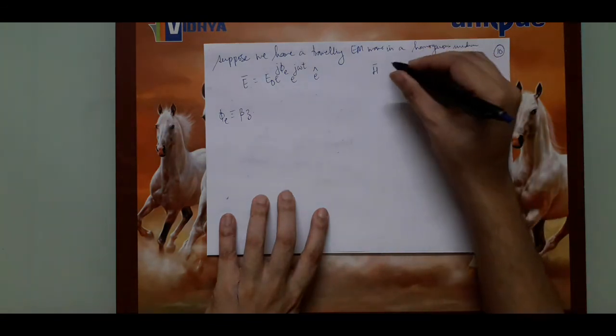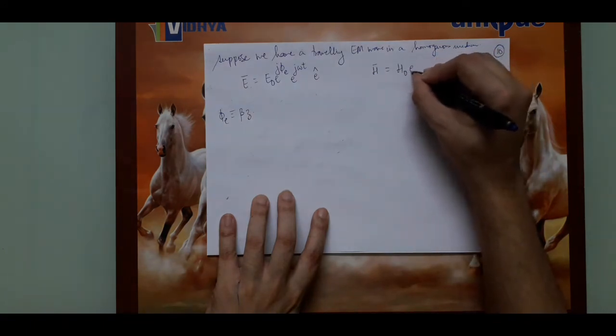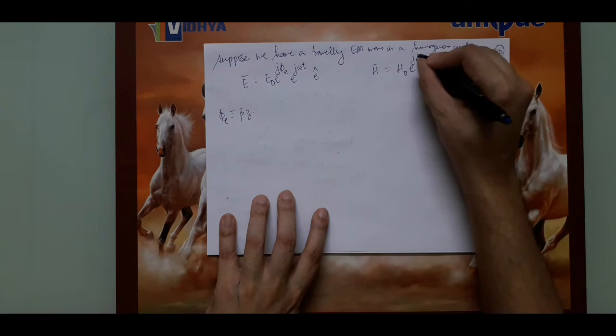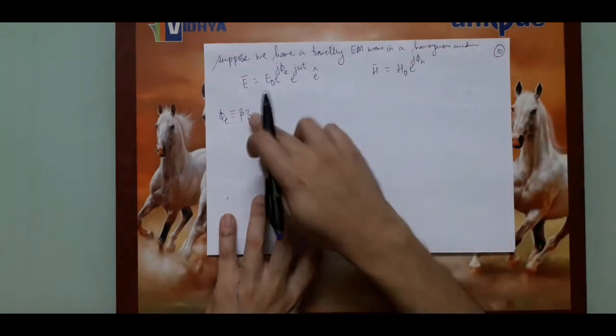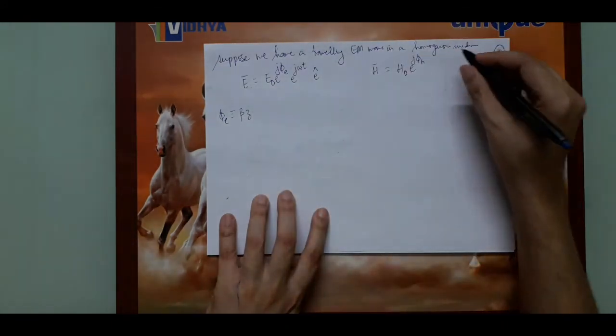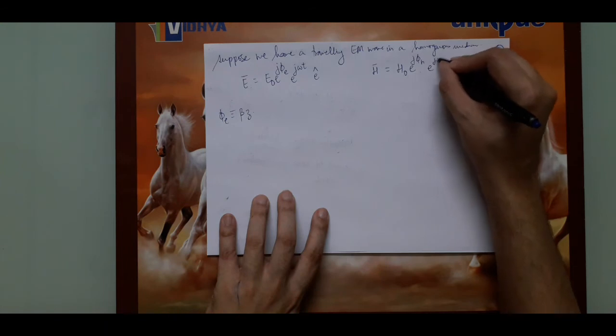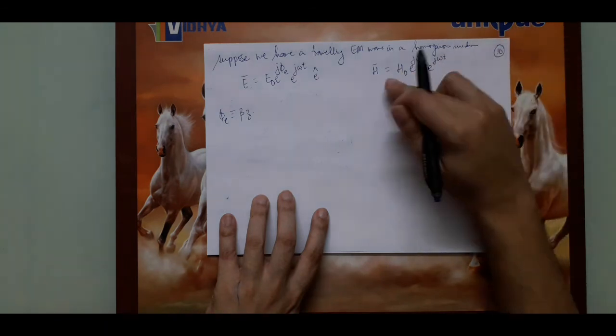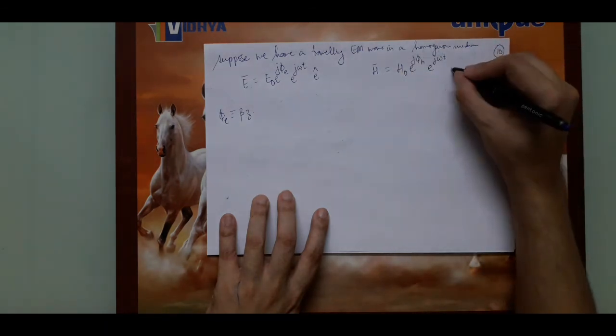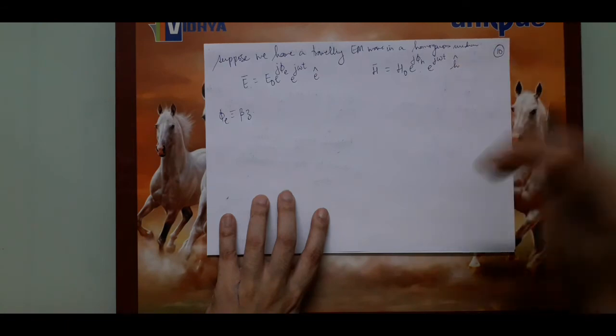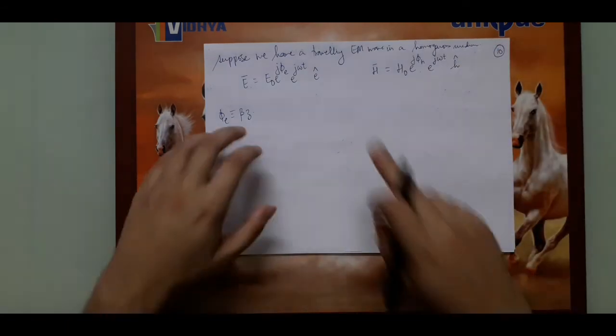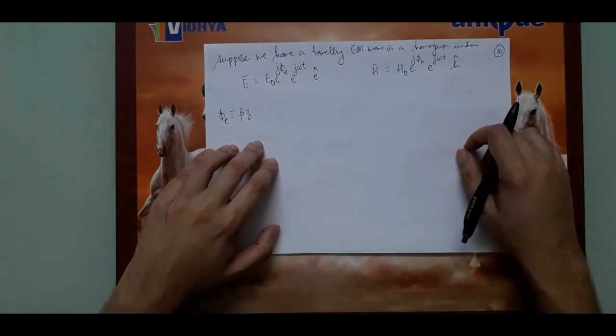Likewise, we can define the magnetic field as some H0 e raised to j phi h, where again phi is something like beta z, with the time harmonic j omega t, and the magnetic field exists along an axis denoted by the unit vector h, where E and h must be perpendicular.